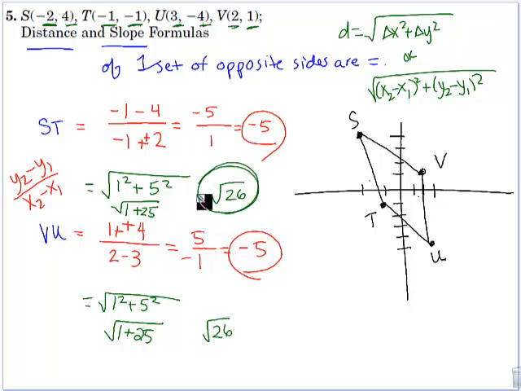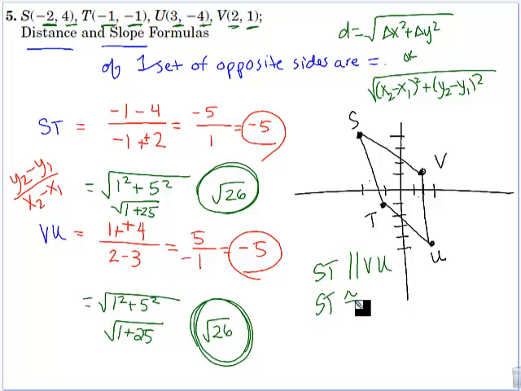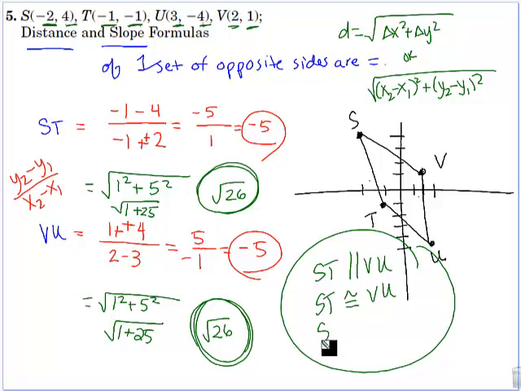So are those distances equal to each other? Yes, they are. They're both the square root of 26. So ST is parallel to VU, and ST is congruent to VU. Because it is parallel and congruent, STUV is a parallelogram.